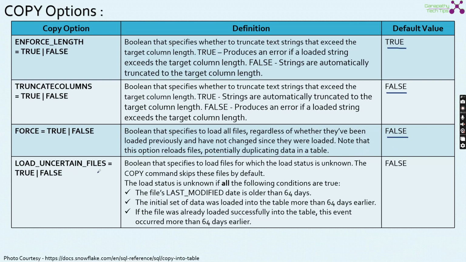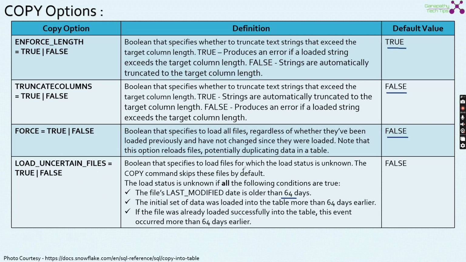Finally, load uncertain files. A simple thing to know, Snowflake maintains the load history metadata for 64 days. So whatever files you loaded beyond 64 days, that metadata will not be available, and those specific files are referred to as uncertain files. So how to load those specific files using this command?